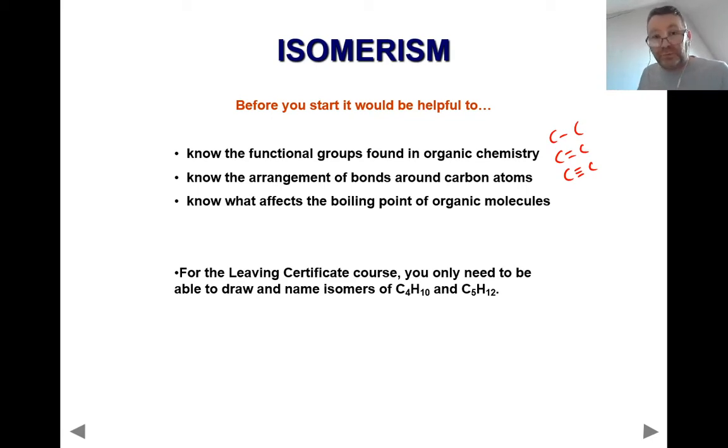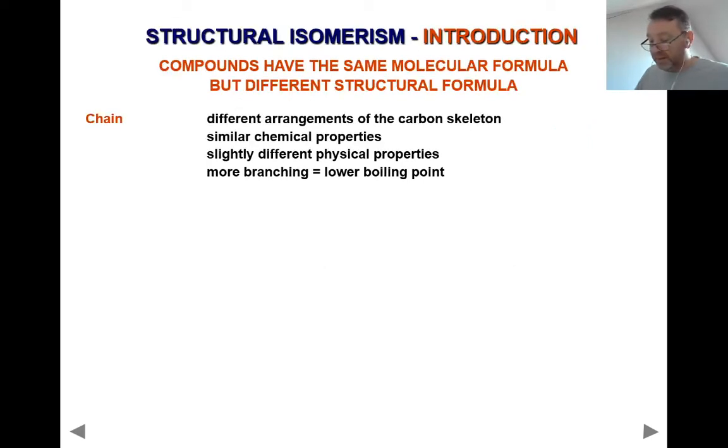You don't have time to write out 18 isomers of octane in a state exam, so for the purposes of the exam, they limit themselves to C4H10 and C5H12. However, I would expect you to be able to do the isomers of any of our hydrocarbons up as far as octane. So just keep that in mind.